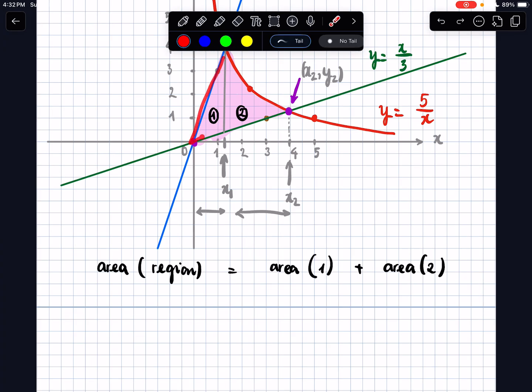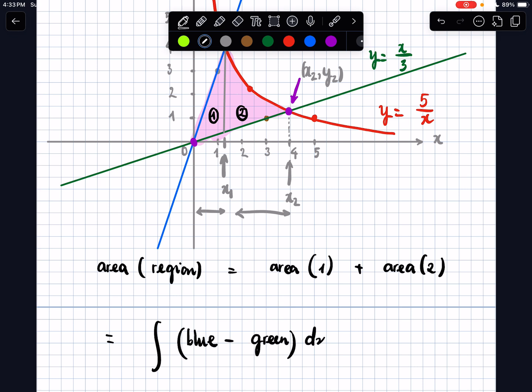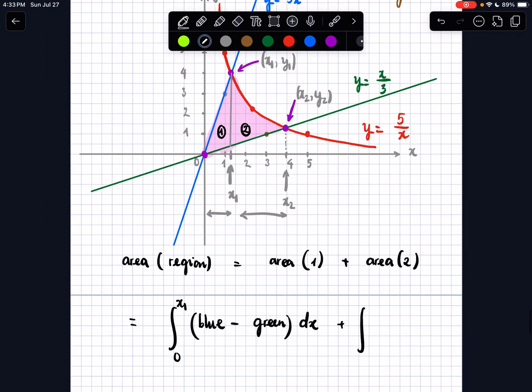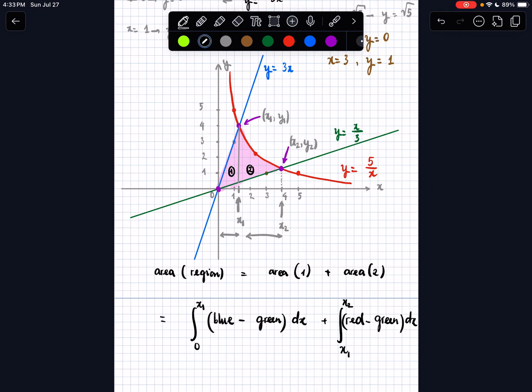The first region is computed as the integral of the blue curve minus the green curve dx, where x is from 0 to x1, plus the area of the second region, which is the integral of the red curve minus the green curve dx, where x is from x1 to x2. So now we just need to compute x1 and x2 and plug them into this formula.